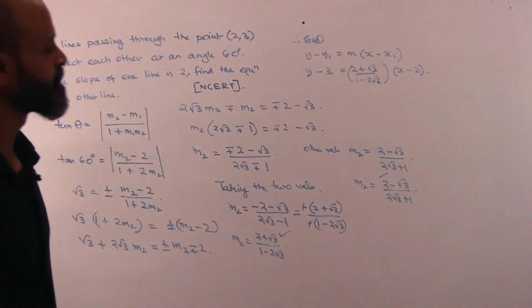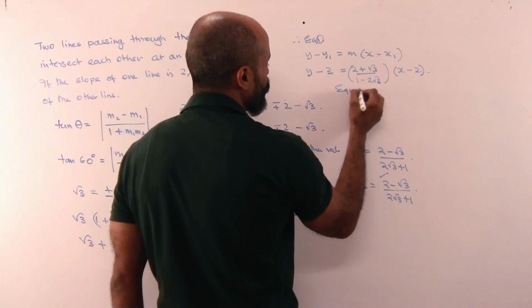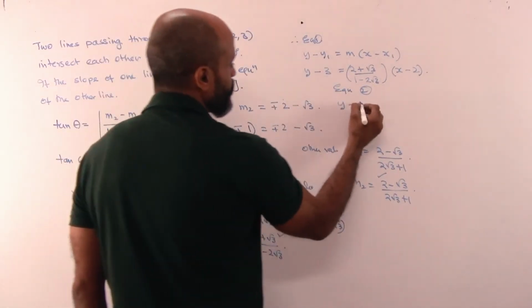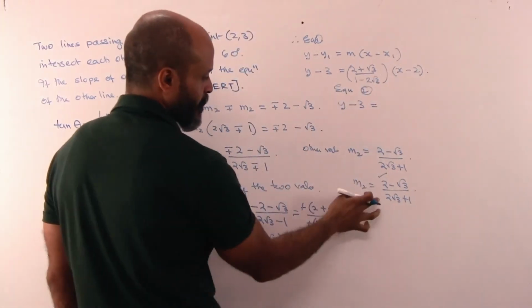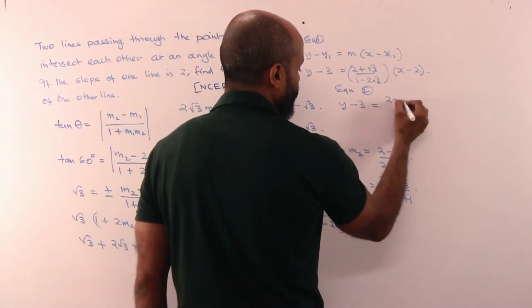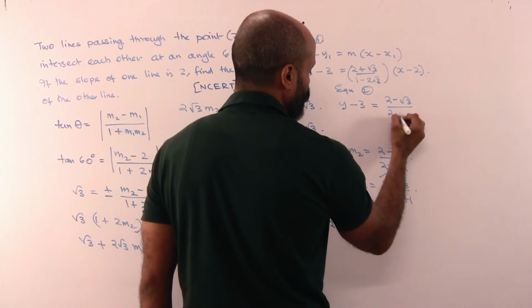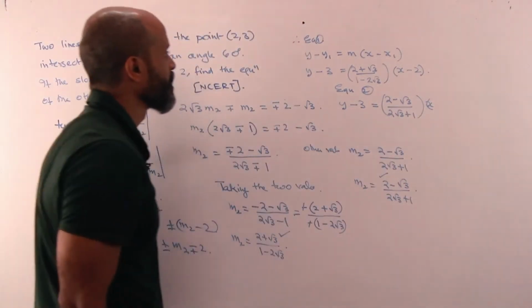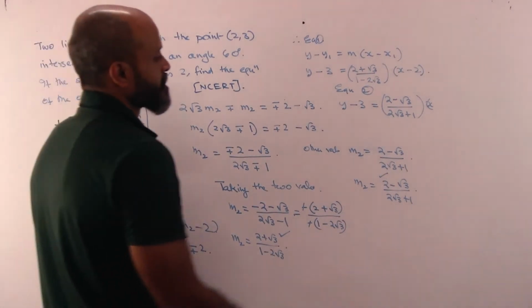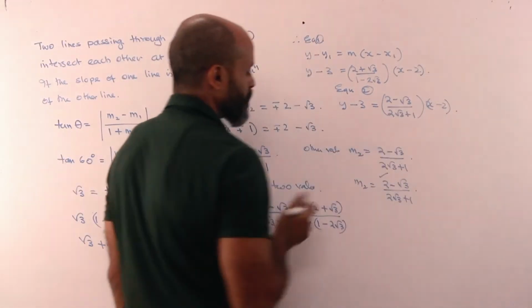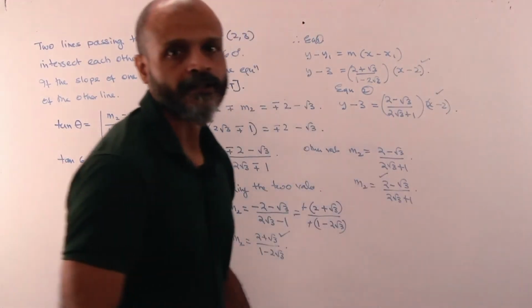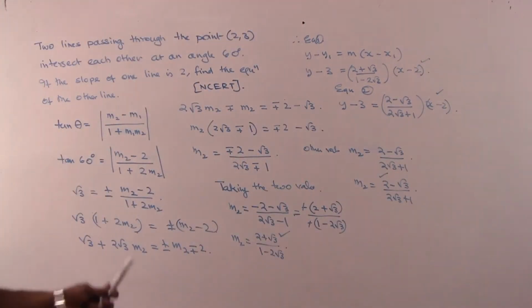Okay, so this will be one equation. What will be the other equation? Equation 2 will be y minus, again 3 is equal to, we are putting the value of m2 here, 2 minus under root 3 upon 2 under root 3 plus 1 into x minus 2. So these are the two values that we have for y. This is one value and this is the other value. Okay, that's how we will solve this problem.